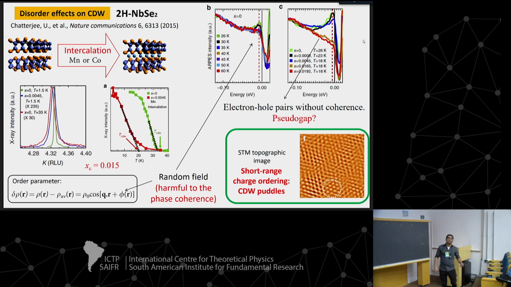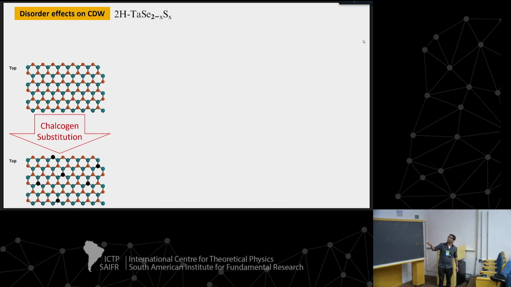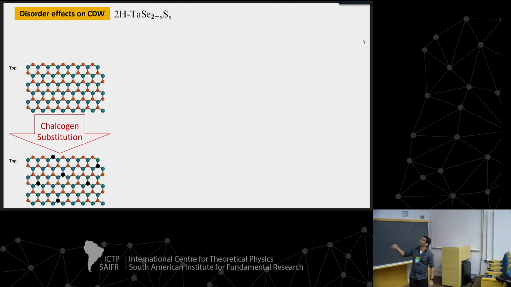Another way to introduce disorder is chalcogen substitution, for instance, changing selenium by sulfur.